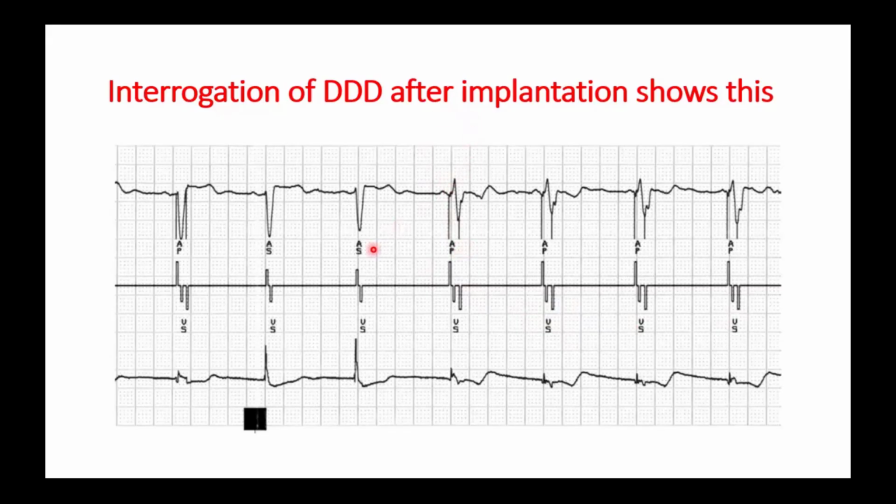The lead is actually sensing the ventricle. And here, when we reach the lower rate interval, the atrial pacing is done and followed by a ventricular spike, and it actually captures the ventricle. Here the morphology is different from here. Some sort of fusion beat occurs.